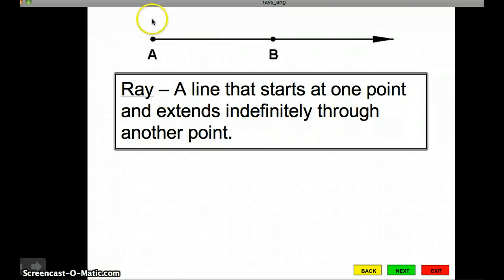Here, the teacher will explain the ray starts at point A and extends through point B. The difference between a ray and a line, since students already know what lines are, is that it continues. It's just a never-ending segment, starting at point A, continuing through point B, and going on forever. So that is the idea of a ray.